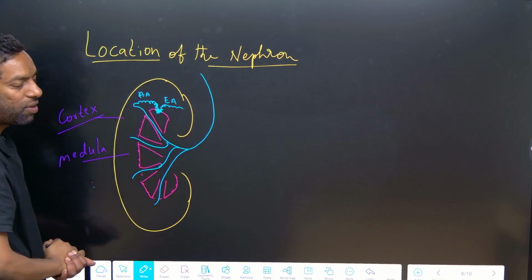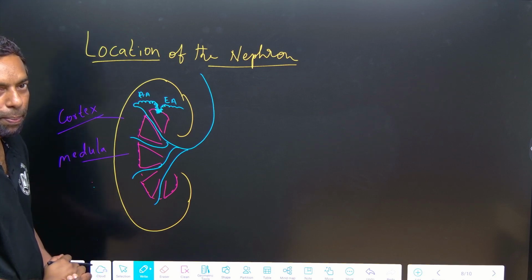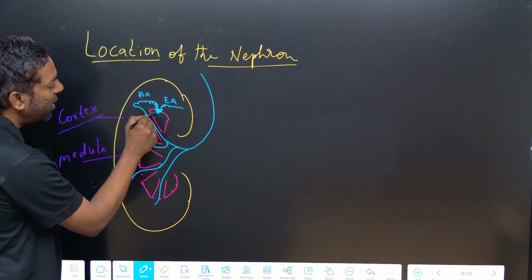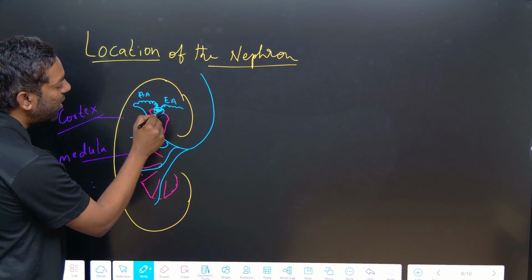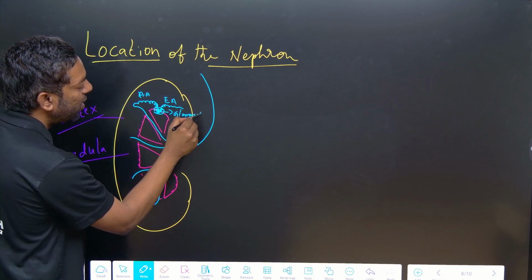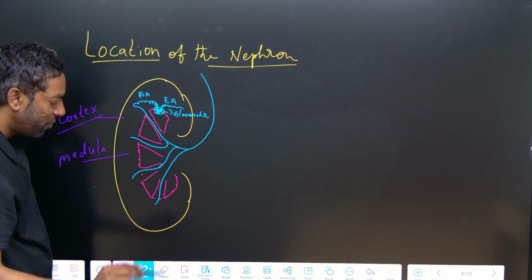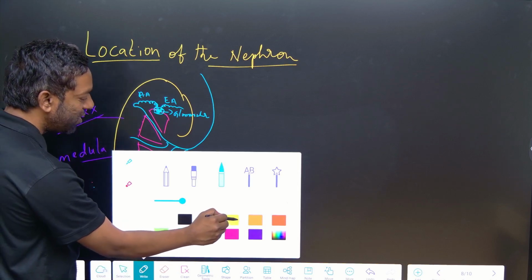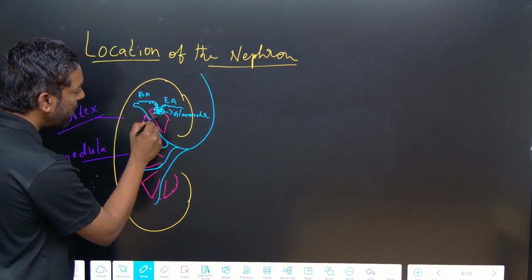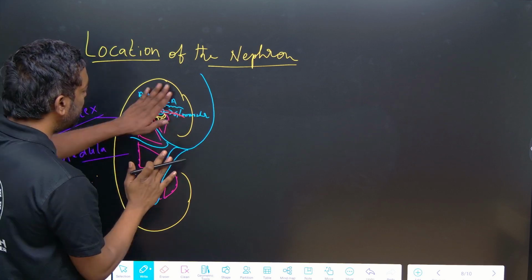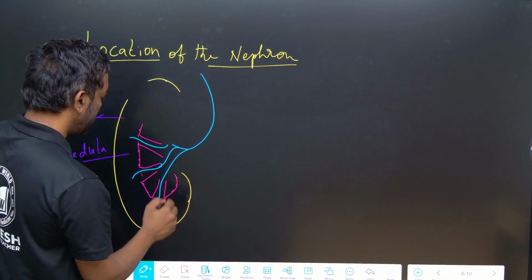This is about the renal artery, and this is the Malpighian body, the glomerulus, where there is the renal tubule, the excretory part, and the Bowman's capsule. Yeah, I'll come again, just a minute, guys.